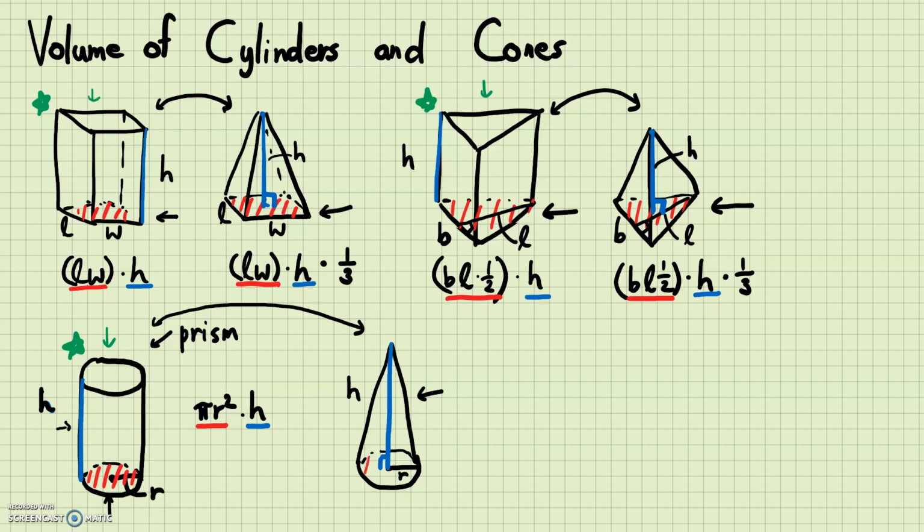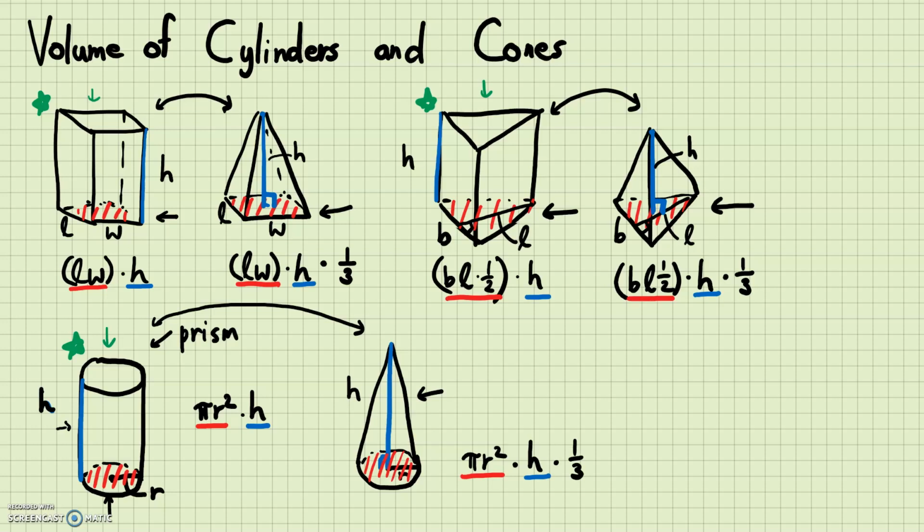Okay, and what I mean when I say that the relationship is similar is if I do the base pi r squared, again, that's the area of the base, times h, and if I just leave it there, it's going to be a cylinder. It's going to give me the volume of a cylinder. So if I want the volume of the cone, you'll need to divide this by 3.